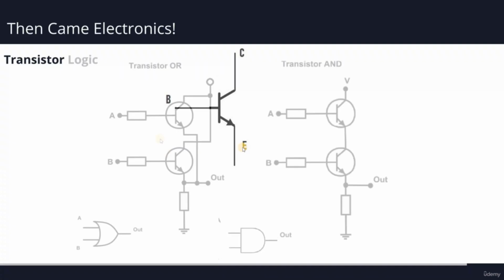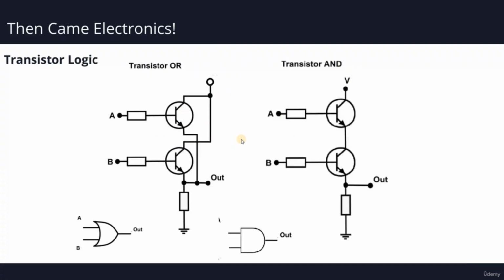As simple as that. Now, I'm not going to go deep into this topology either, but when you connect transistors in a certain way, you're going to get gates, the same ones we have studied, the AND and the OR. Now, this symbol right here is the OR gate. So whenever you see this symbol, if you go deep inside it, you're going to see something like that.